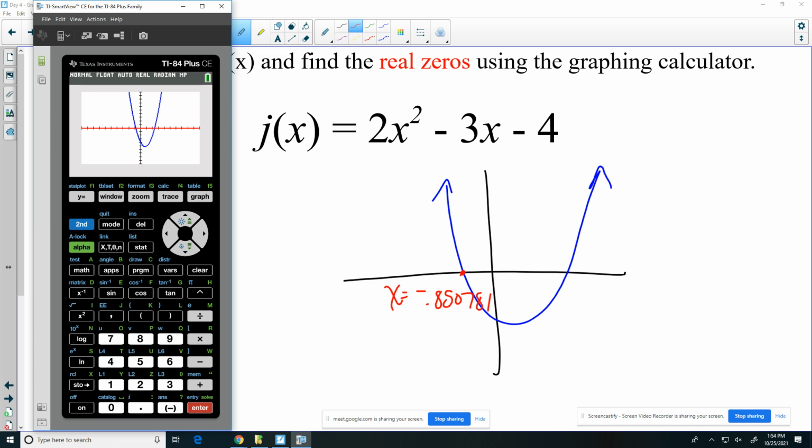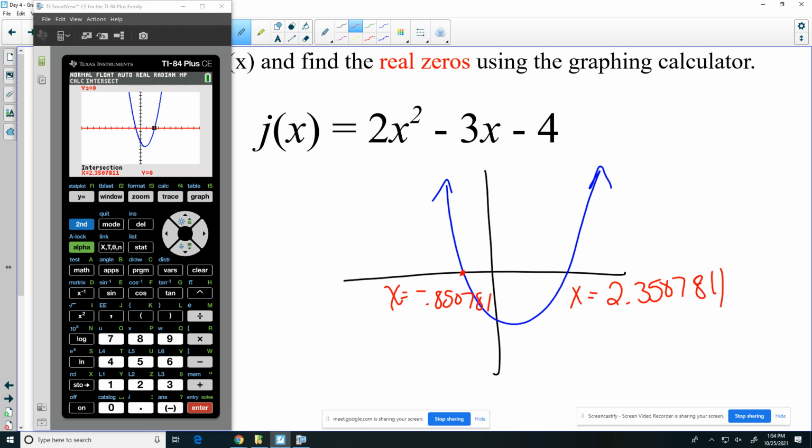Hit enter again. And my second point of intersection is x equals 2.350781. About. Sweet. All right.